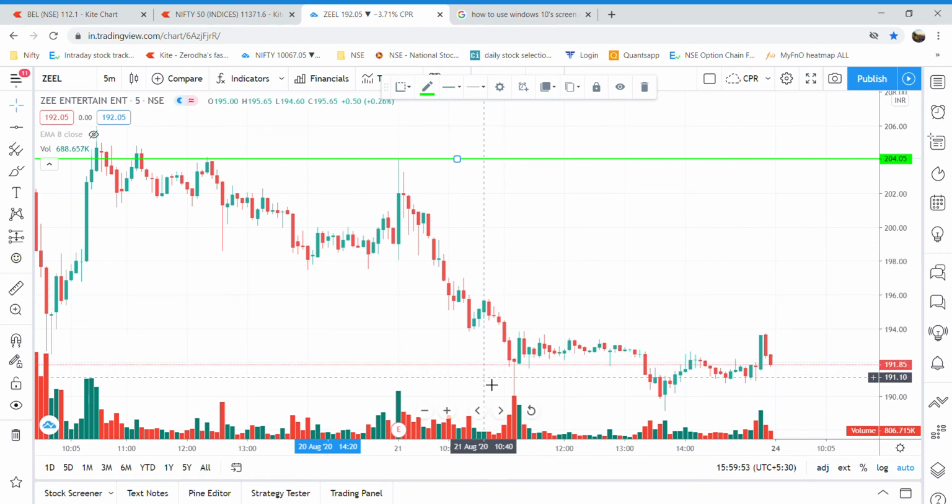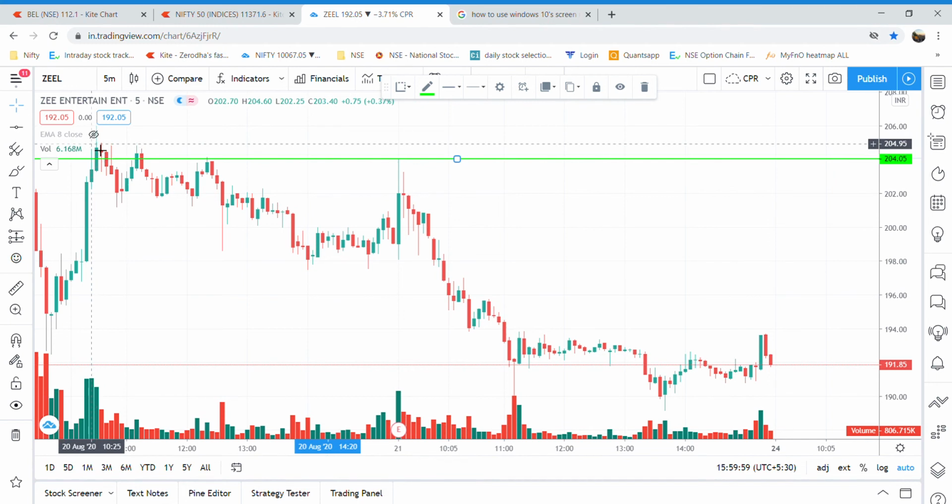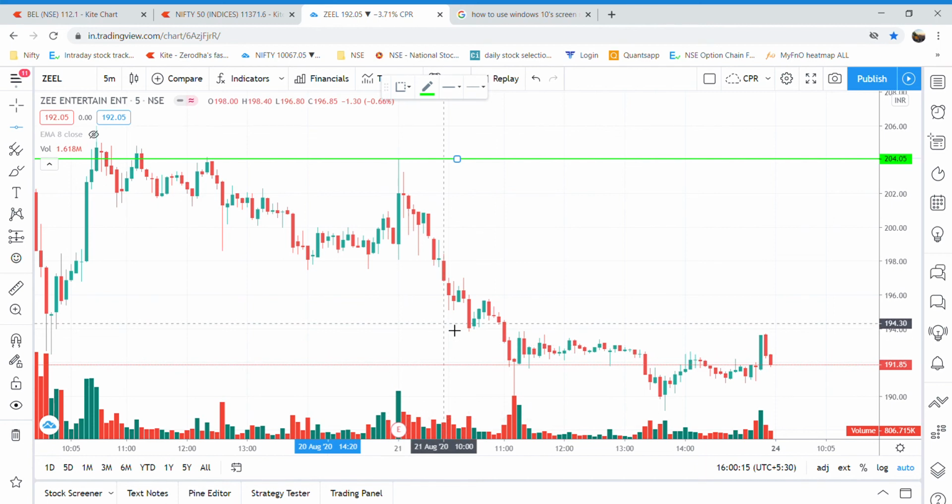Look at the volume. The volume seems equal, but have a look here in this area. All right. The 935 volume is 668. The 940 volume is 688. Hence, the volume has increased along with price. So this would be our support.